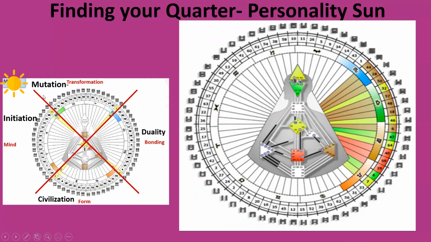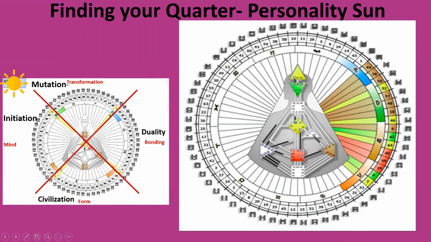The quarter that runs here, you're going to see as the quarter of mutation and the quarter of transformation. The quarter that runs on this side is duality or bonding. And you'll notice here, on the right-hand side, all of the numbers that are colored in.